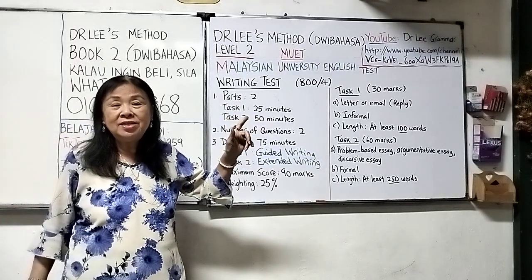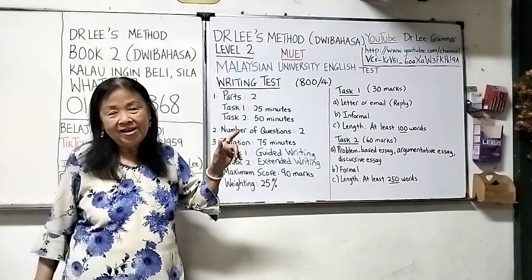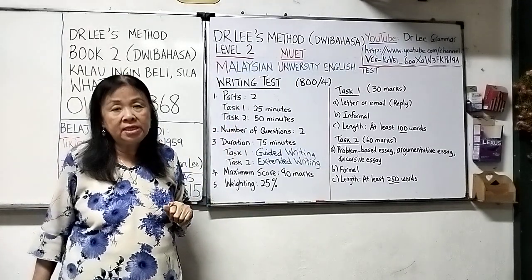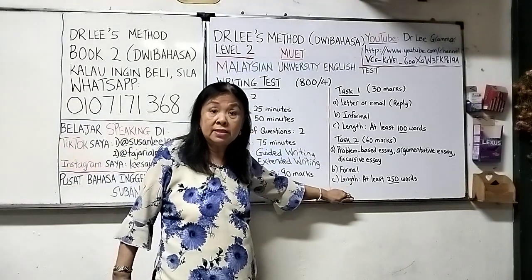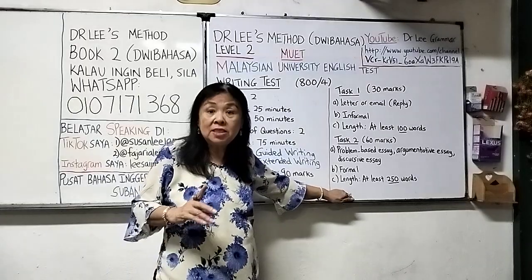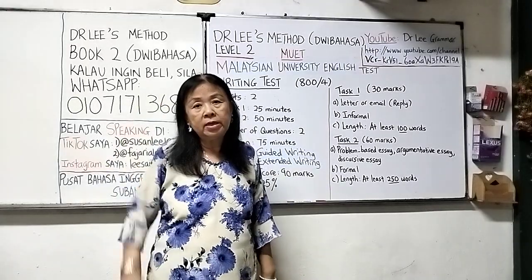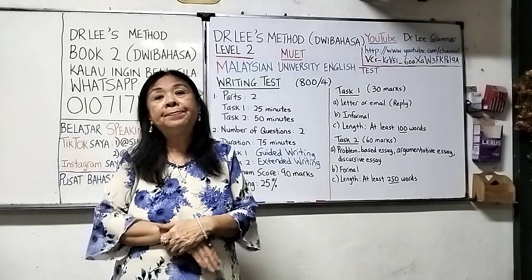That is why for task 1 you spend 25 minutes only. It is suggested. So adjusting your time properly is very important. You must remember that you need to write at least 250 words. You can write longer, depending on how you control your time.